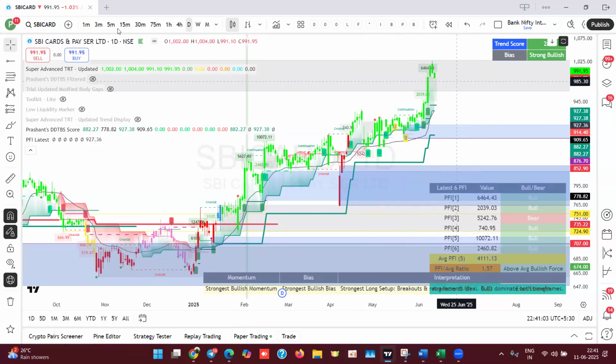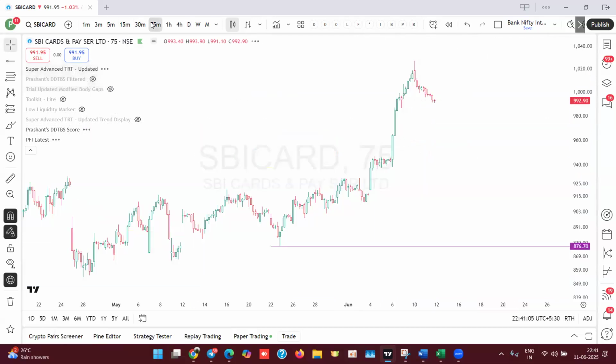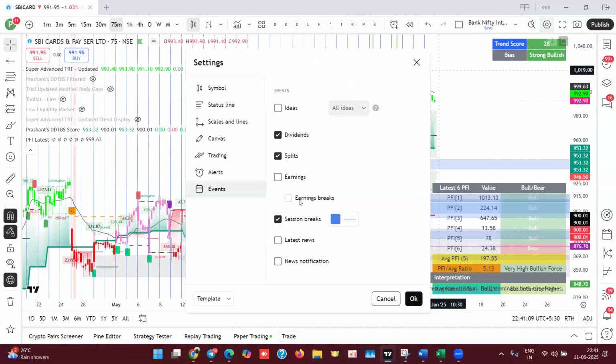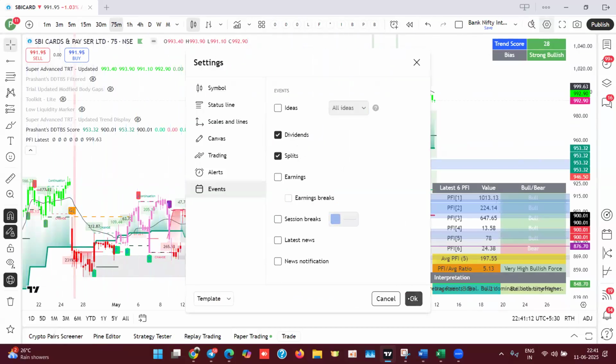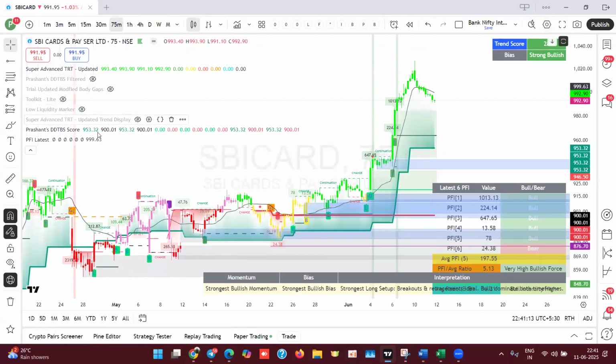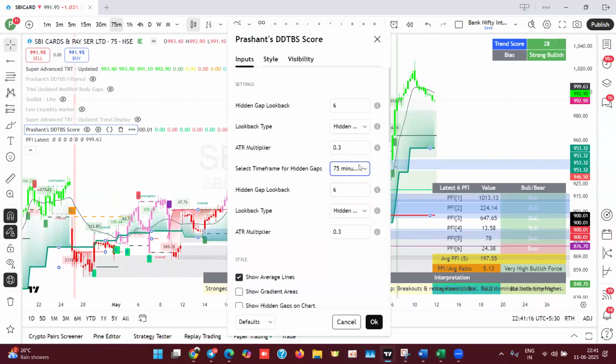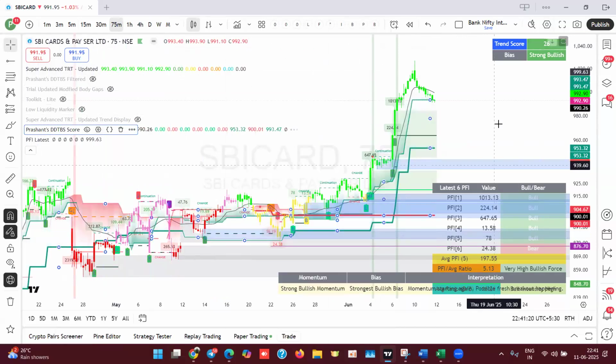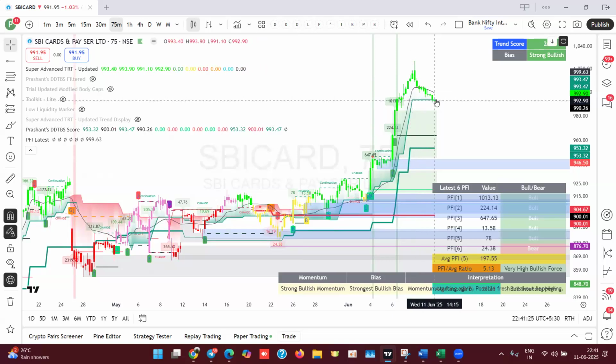So that can be used as a final stop loss if you are holding a good position. And if it is in FNO or something, then you can look at lower time frames and decide based on the lower time frame. When you change time frames, you have to change this from 75 to 15 minute. And then this band acts as a tighter stop loss.